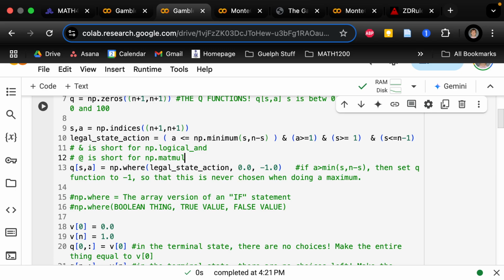I think if you do the word and, that is a specific Python command that is different. Yeah, great question. I think it'll specifically yell at you. It'll say the truth value of two arrays is undefined or something like that if you try to do it. Yeah. Right, exactly. Yeah, okay. Great question. Any other questions about the setup?